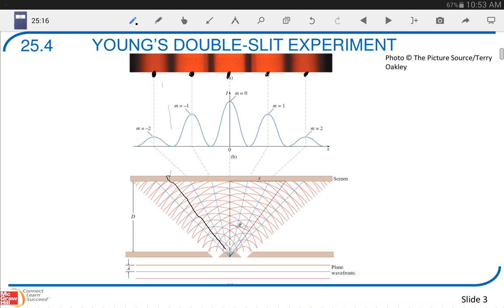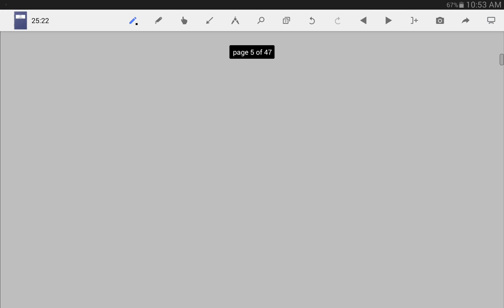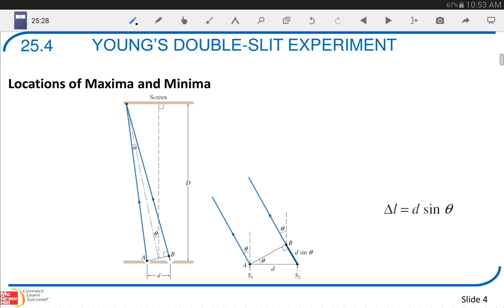Now we want to be able to mathematically determine what those angles are. So to determine those angles, we draw ourselves a simple picture. We have the two slits separated by distance d, lowercase d, and then a capital D for the distance from the screen to the slits.